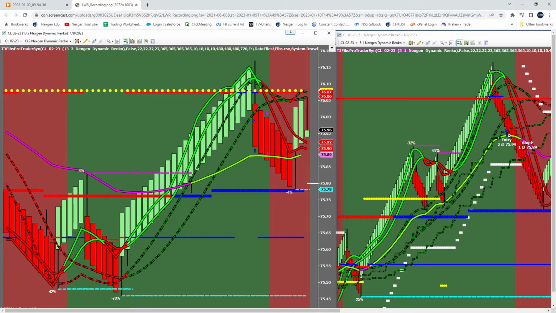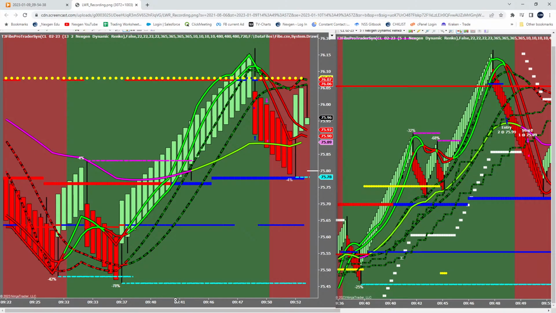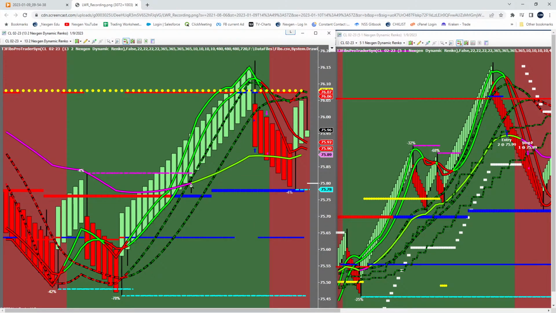It makes it tough. It's not necessarily the wrong trade. This is the easier of the trades. Obviously, maybe you weren't there at that moment in time, but that's everything going up, everything on the 5-1 chart going up, and then we hit a target of 76.10 area.